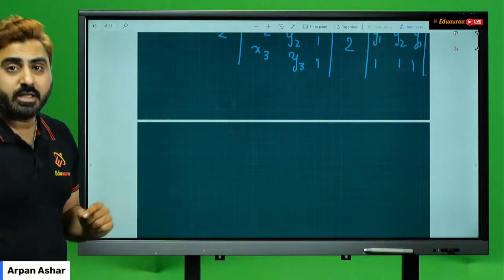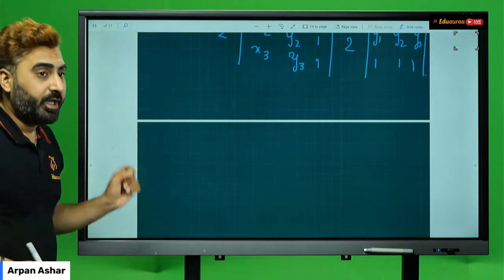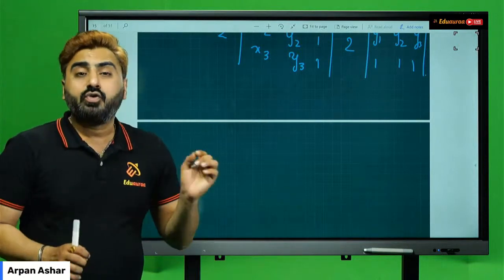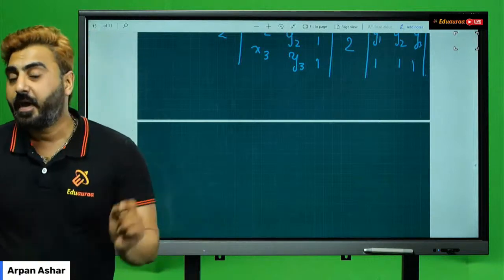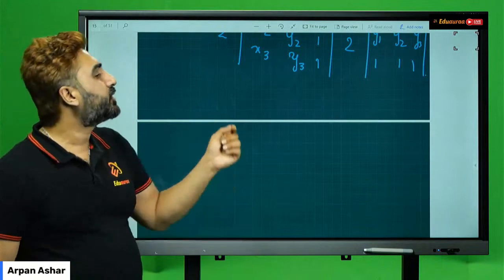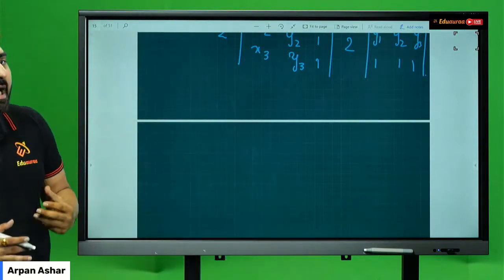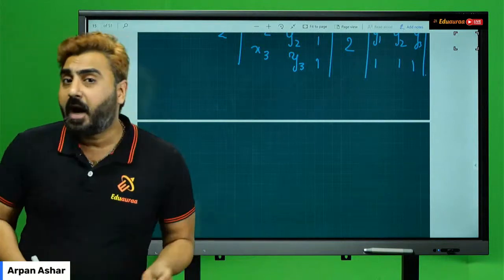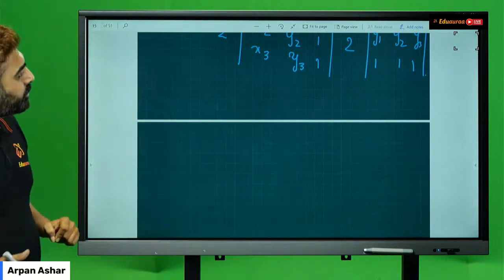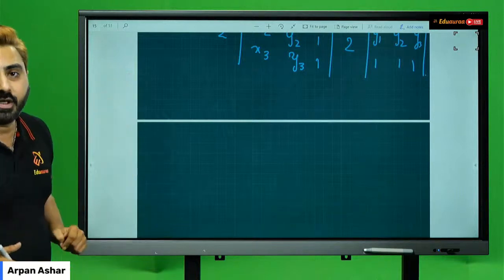So remember this: whenever you get the area of a triangle as negative, you have to consider its positive value. Why? Because x1 x2 x3 and y1 y2 y3 are basically coordinates, so there are chances that the answer may come out negative. Now this is how you find the area of a triangle with the help of the determinant form.